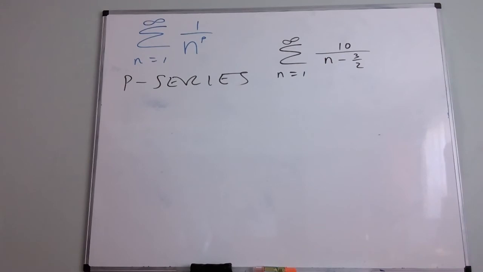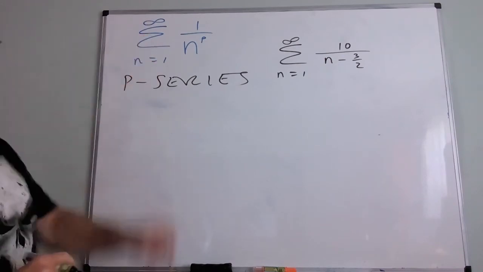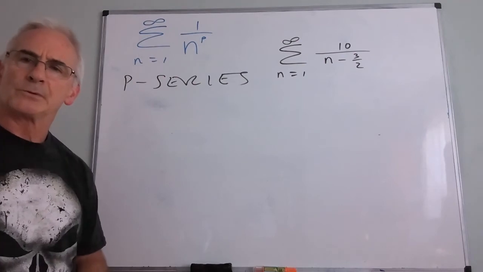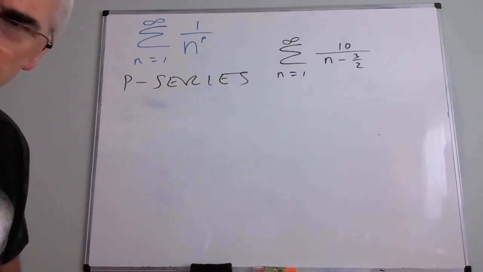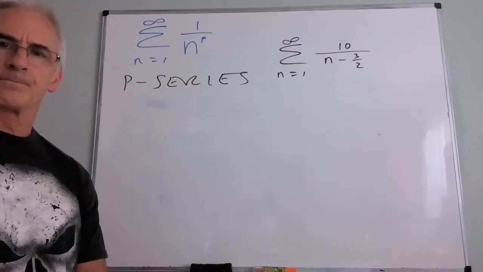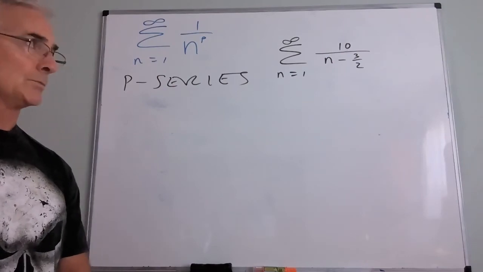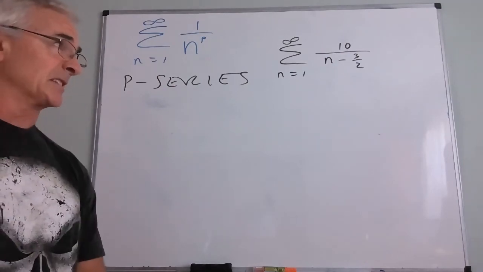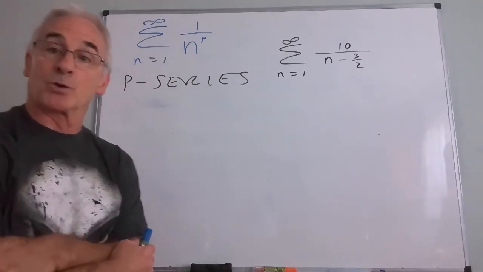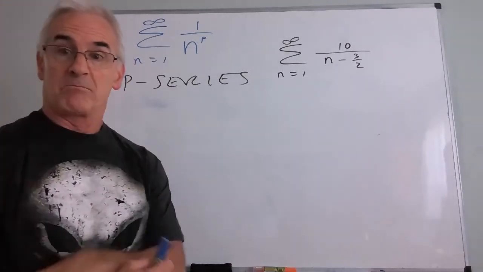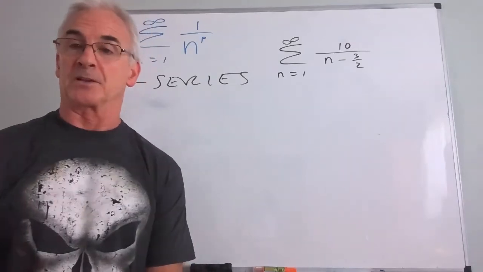Can you think of anything we could compare that to that has this form? Can you think of a series where you know its behavior? That would be a good thing to compare it to.